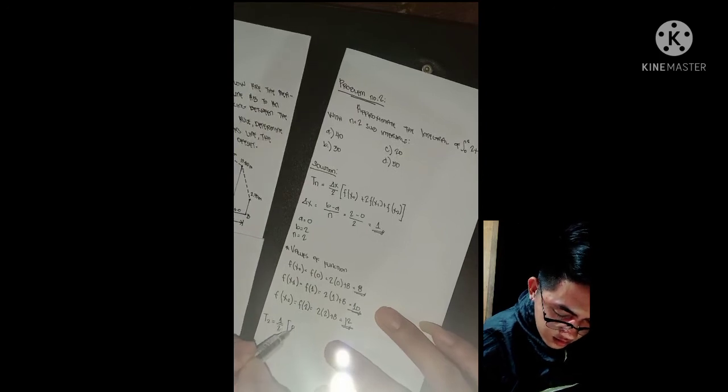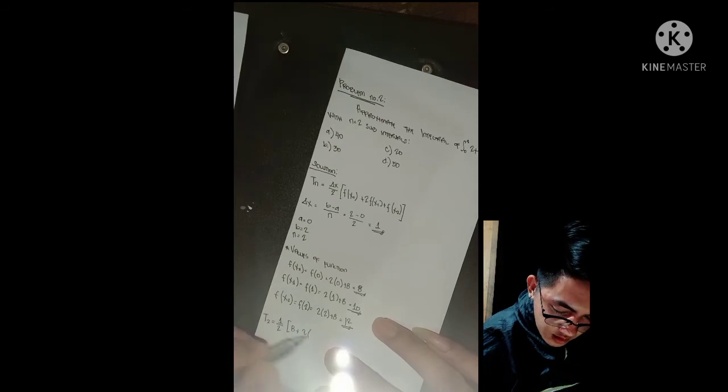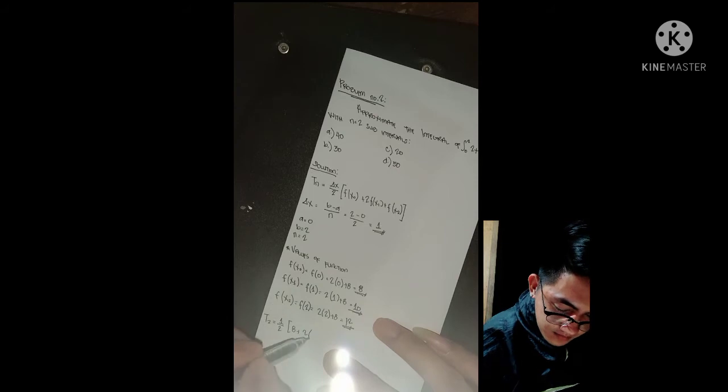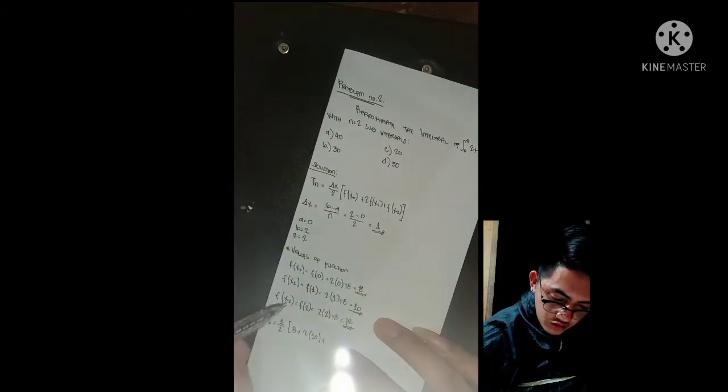So 8 plus 2 times the function of x1, which is 10, plus the function of x2, which is 12.